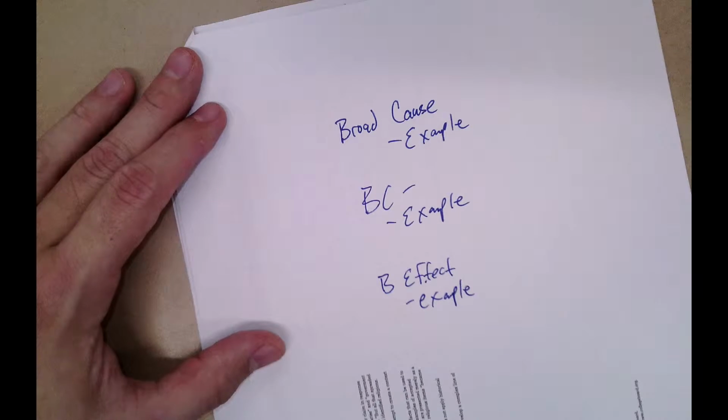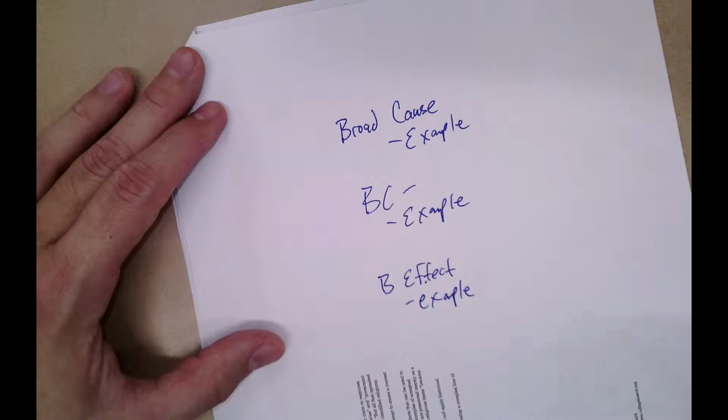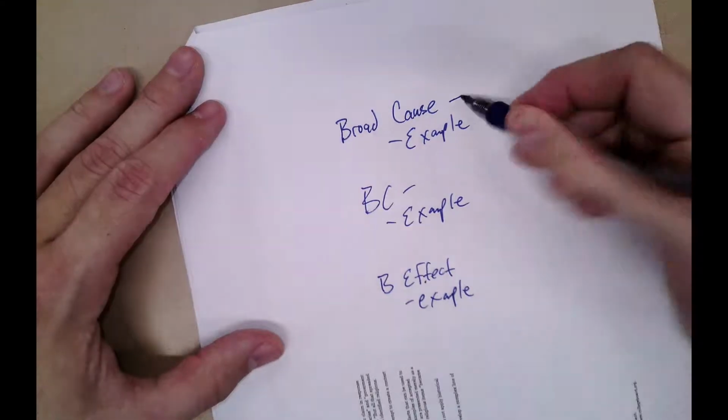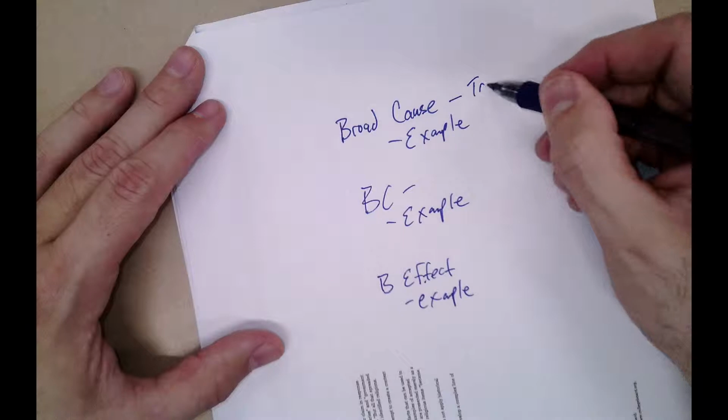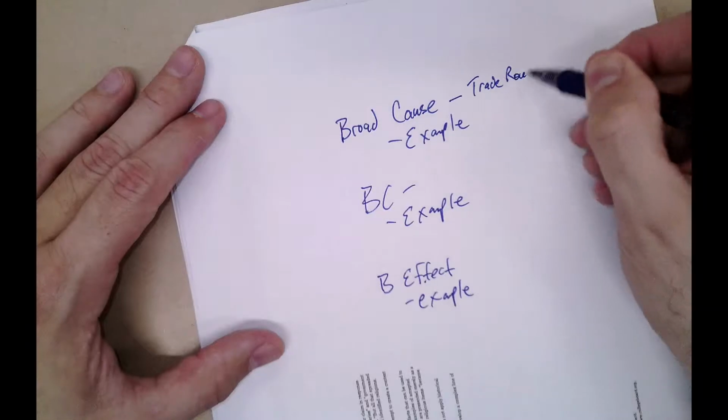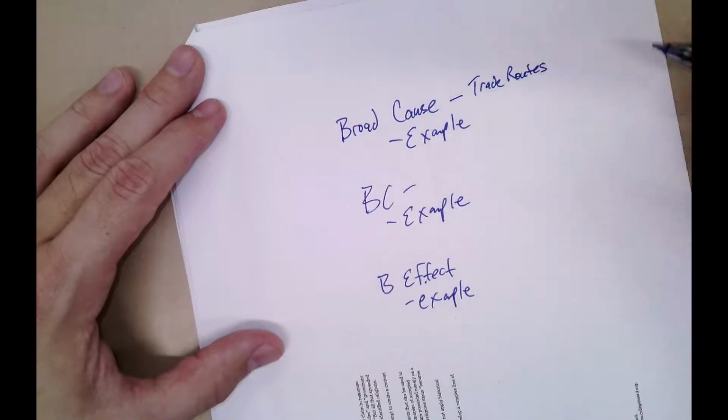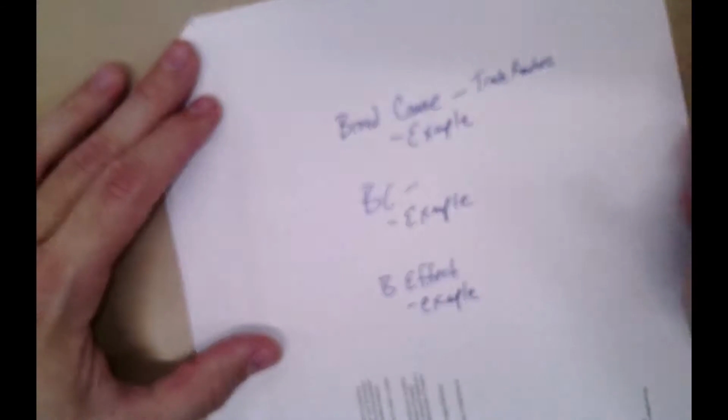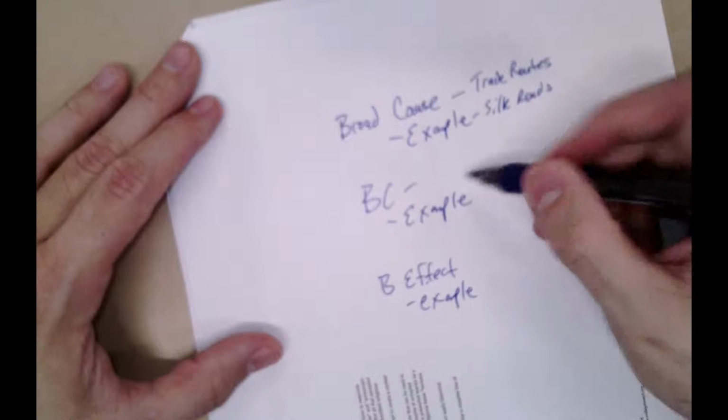All right? So we already have a broad cause, which is trade routes, right? Okay? What's the example? Silk roads. Okay? We had another broad cause, which is empires.